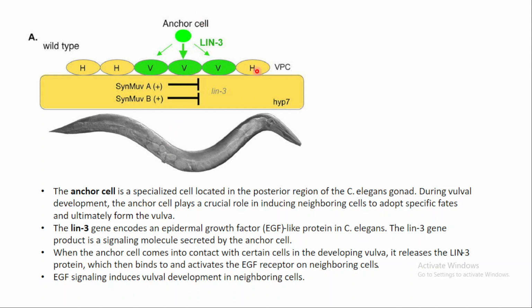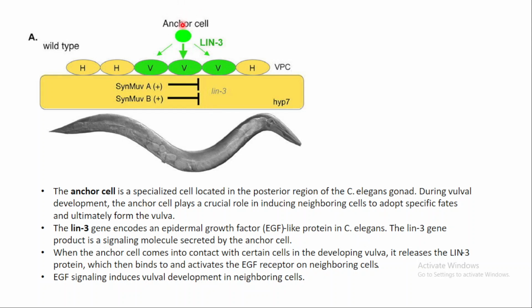Here we see one of the most studied phenomena of vulva development in C. elegans. In vulva development, we have a cell called the anchor cell. The anchor cell is a specialized cell located in the posterior region of the C. elegans, in the gonad. During vulval development, the anchor cell plays a crucial role in inducing neighboring cells to adopt specific fates and ultimately form the vulva.